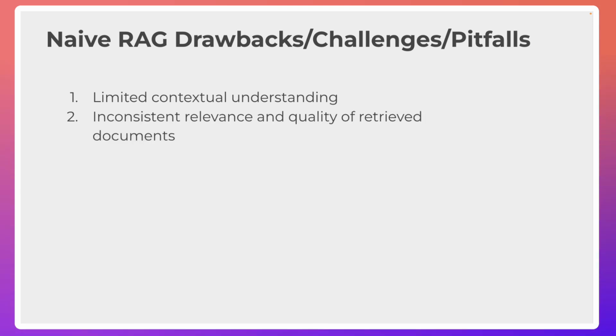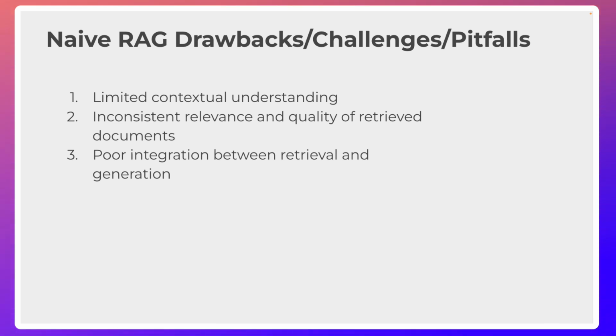And then, of course, we get inconsistent relevance and quality of retrieved documents. What that means is that the quality and relevance of the retrieved documents can vary significantly, because naive RAG models may not rank the documents effectively, which leads to poor quality inputs to the generative model. And the third one is that we have poor integration between retrieval and generation. What that means is that in naive RAG systems, the retriever and the generator components often operate independently without optimizing their interactions.